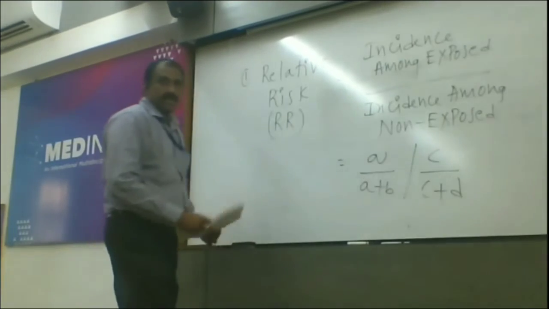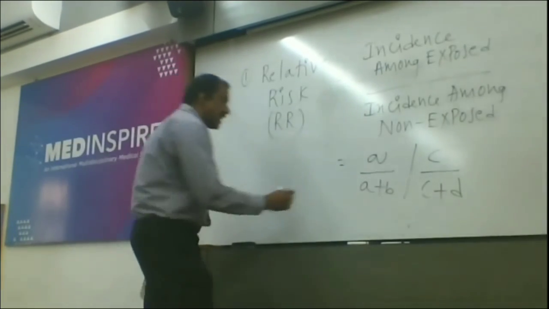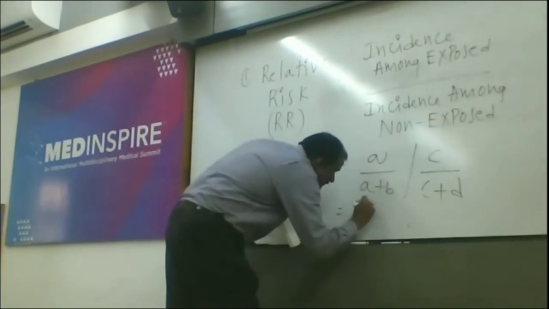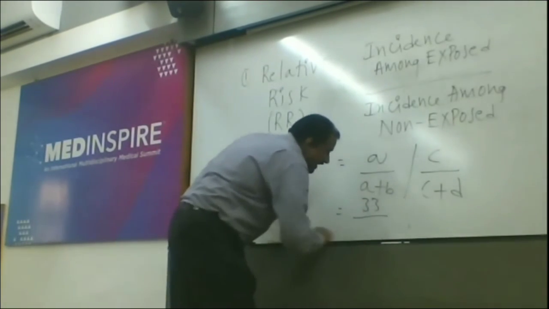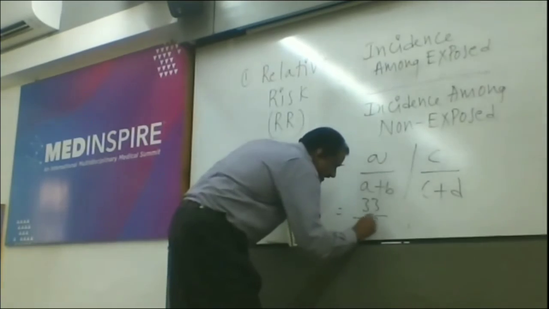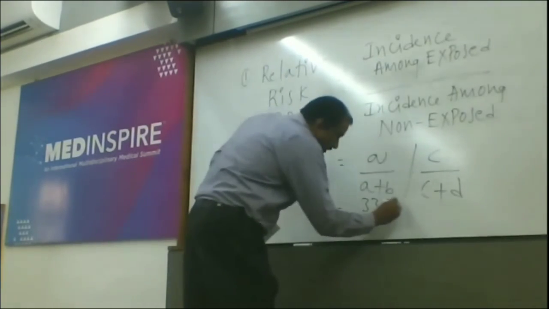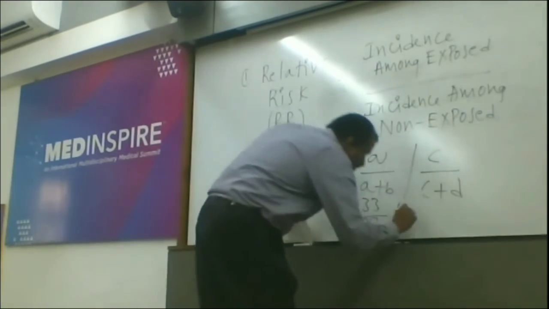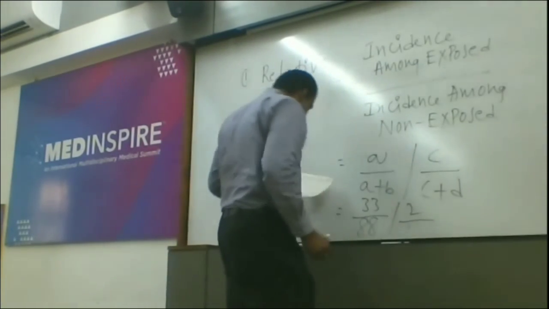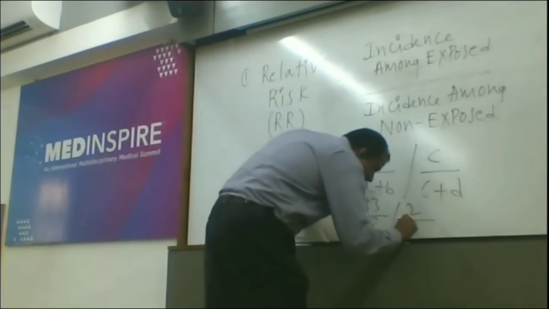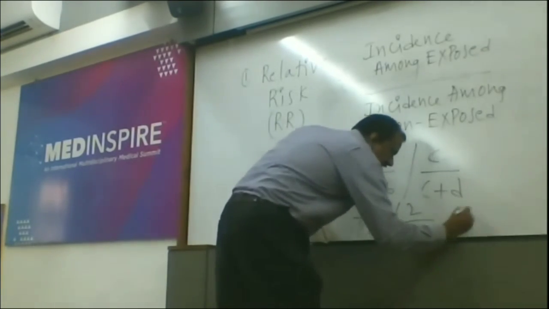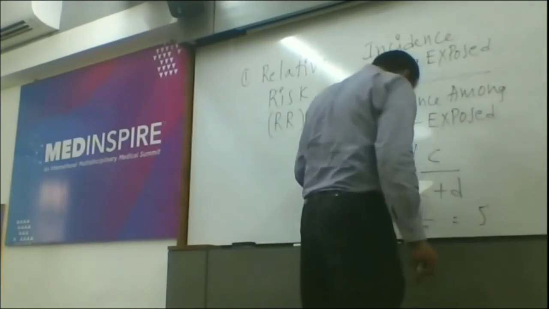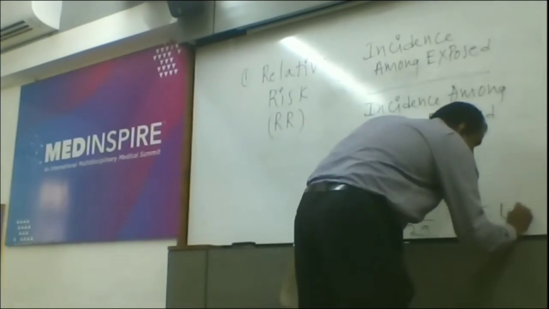So here you know these values already. A is 33 divided by 88, upon C is 2, and C plus D is 29, and its value is 5.43.